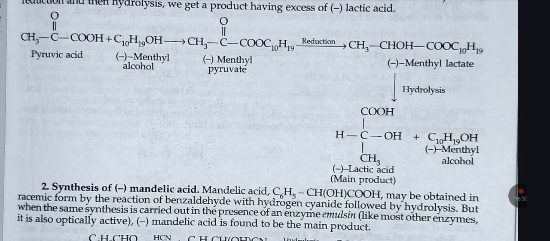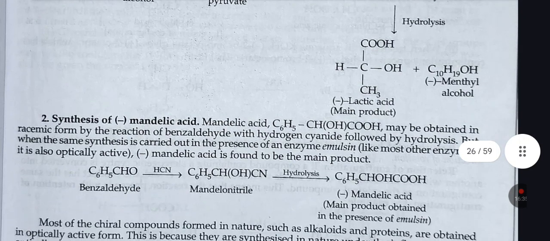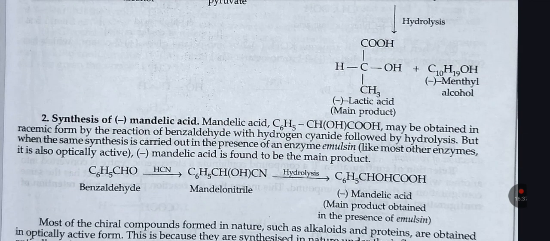Synthesis of minus mandelic acid. Mandelic acid may be obtained in racemic form by the reaction of benzaldehyde with hydrogen cyanide followed by hydrolysis, but when the same synthesis is carried out in the presence of an enzyme emulsin, like most other enzymes, it is also optically active.